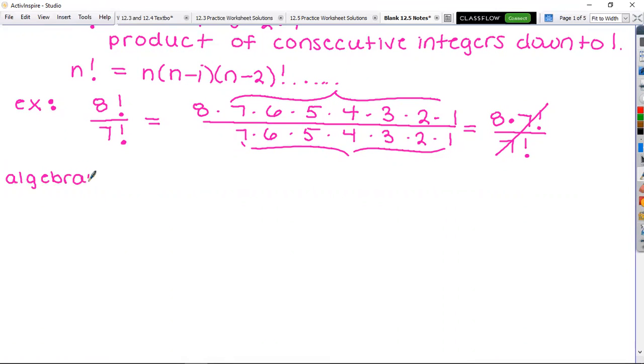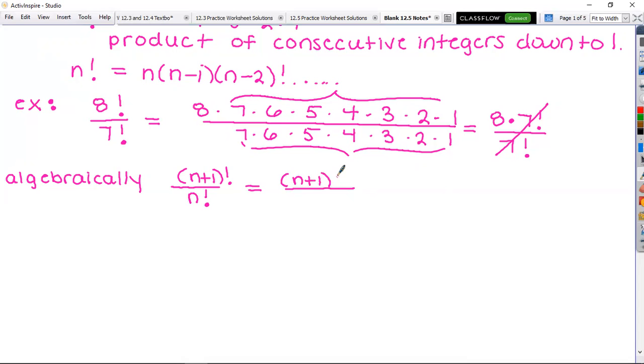Now, algebraically, I'm going to say that the bottom here is n factorial. Therefore, this would be n plus 1 factorial. I'm going to write it out like we did above, but just with n's instead. You start with the larger one, which is the n plus 1. So I write out n plus 1, and I start breaking this down.